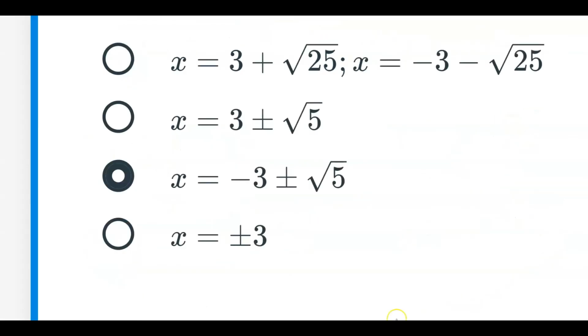Yeah, negative 3 plus or minus the square root of 5. They use that symbol that is like the quadratic formula. It's telling me that one of my answers is going to be negative 3 plus the square root of 5. The other answer would be negative 3 minus the square root of 5. It's just an easier way to show it than putting it out there twice, saying you have two answers, a positive and a negative version of that square root.